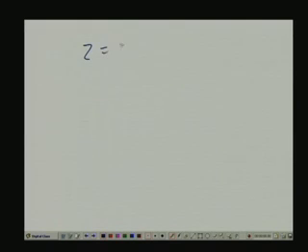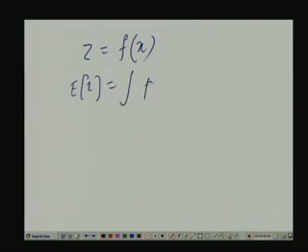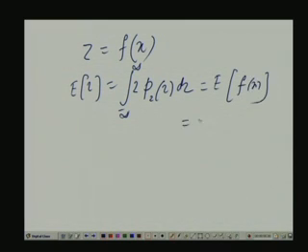If z was given to be a function of random variable x, then we have shown that E of z, which is nothing but E of f(x), is the integral of f(x) multiplied by p_x dx. We have also proved it.